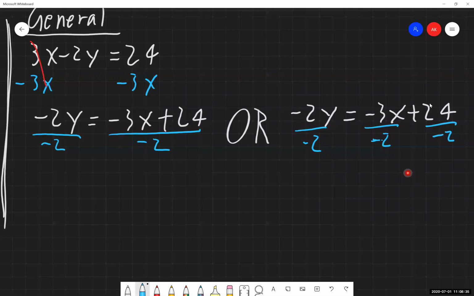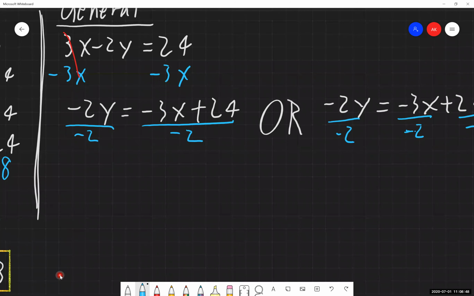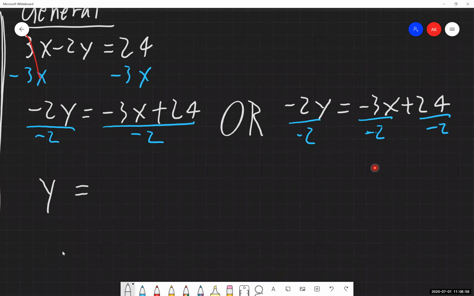I'm going to be using this instance over here in our next line of work, but again, you can get to the same thing with this work over here. So once I've divided both sides of this equation by negative 2, on the left side of my equal sign, I'm just going to have y left over. And on the right-hand side, again, I'm referencing this instance over here.